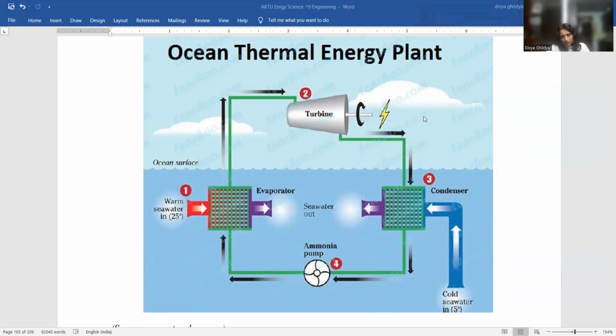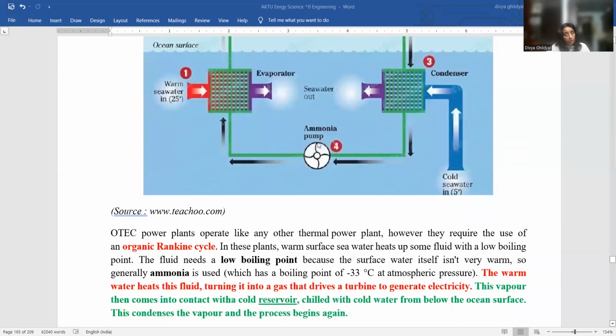Turbine has helped me in creating electricity, and for cooling I have used a condenser, cold seawater, and even an ammonia pump. Because what happens is at times a large amount of energy gets generated, and I need to keep a cooling system always when I am setting up an energy plant.